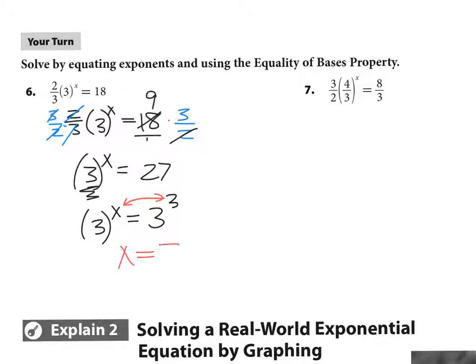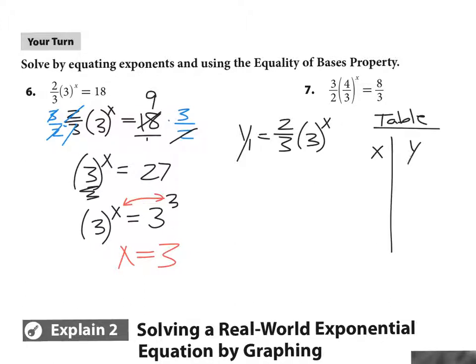X equals 3. Okay. Now, again, what we could have done is we could have gone to our calculator and in y1 put our original exponential equation, then go to our table, go to x, y1.